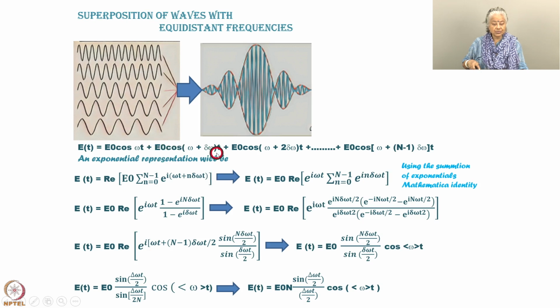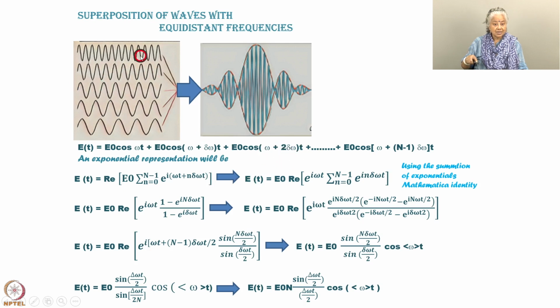So, this frequency is omega plus delta omega. So, you have cos of this plus another wave superposed, that is E0 cos (omega plus 2 delta omega) t. I am looking at this frequency which is higher than this and this, as you can see, because delta omega is getting added each time. Then there can be a third wave which will be omega plus 3 delta omega t.